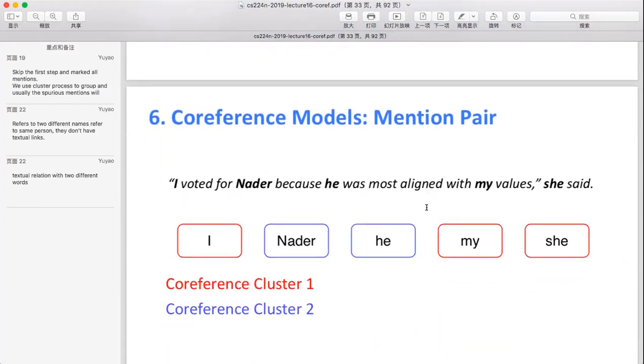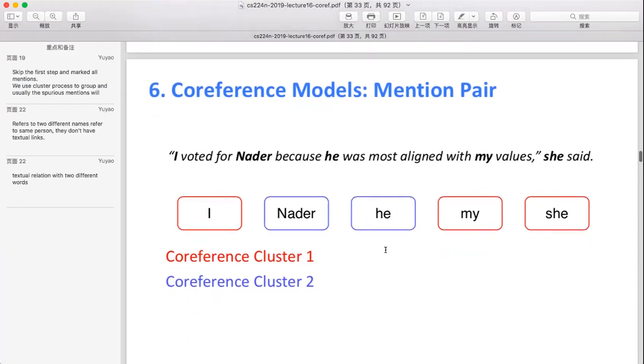Okay, so we'll come to the second part, which is our improved model, the mention pair. You can take a look at this, a result after clustering our data. "I vote for Nader because he was the most aligned with my values," she said. When we interpret this sentence, Nader and "he" are in one group, within one cluster.